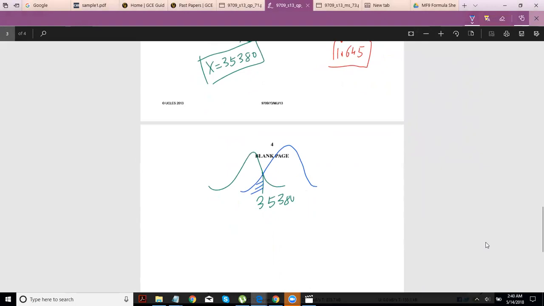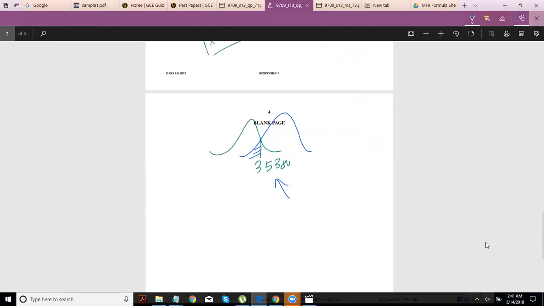Even that has a distribution, and because of that, there is a possibility that the particular value you get from your new curve is less than 35380. If it is, it would be accepted by the old curve, and you'd simply deduce that H0 is correct even though it isn't.